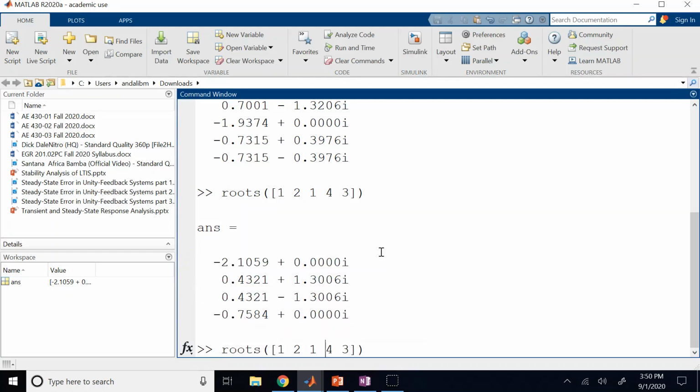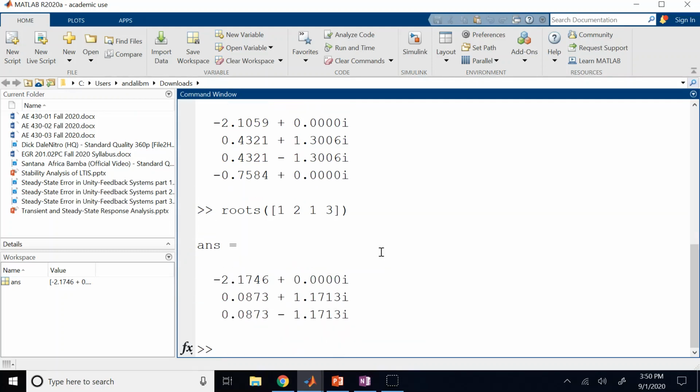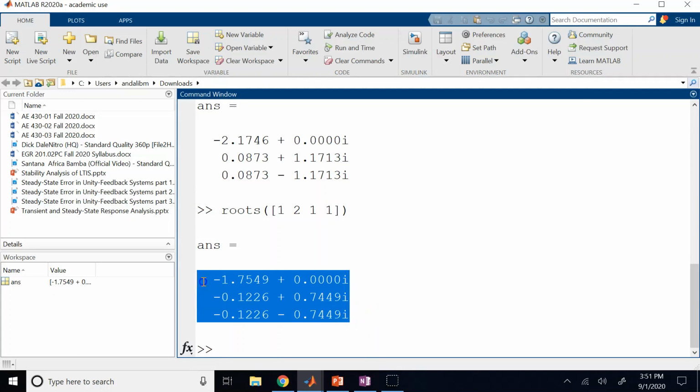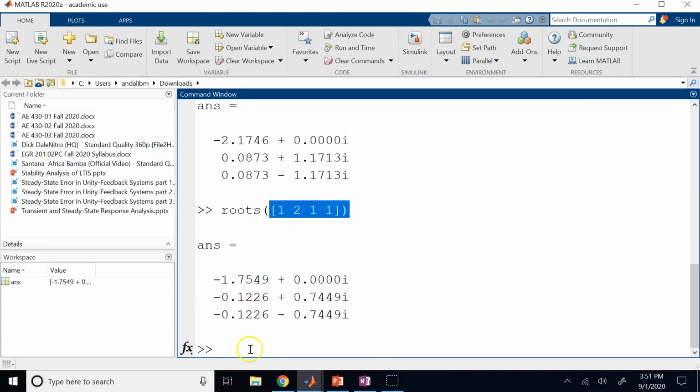I just want to look at a scenario where, there we go, this one is a third order polynomial: s cubed plus 2s squared plus 1s plus 1. This has all three roots with negative real parts. So this system is stable. Now if I change one of the coefficients from all positive to one negative, now look. You see?